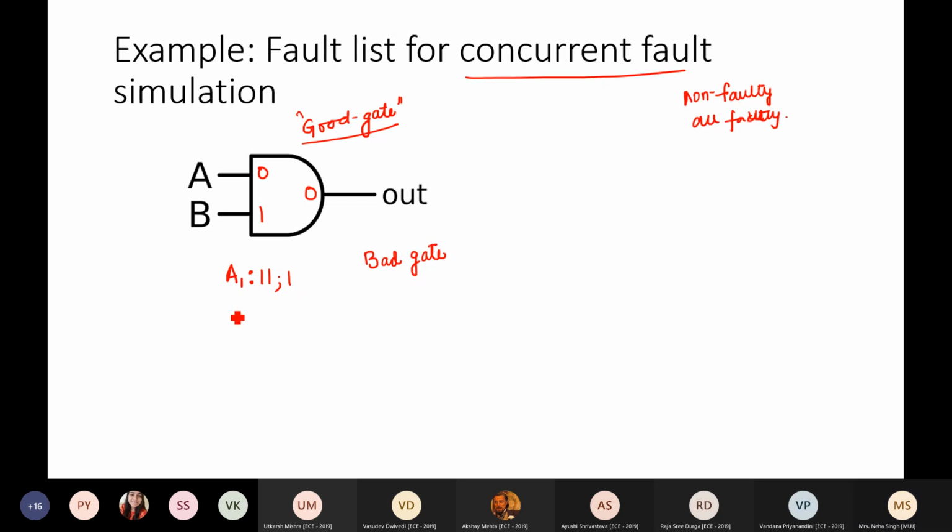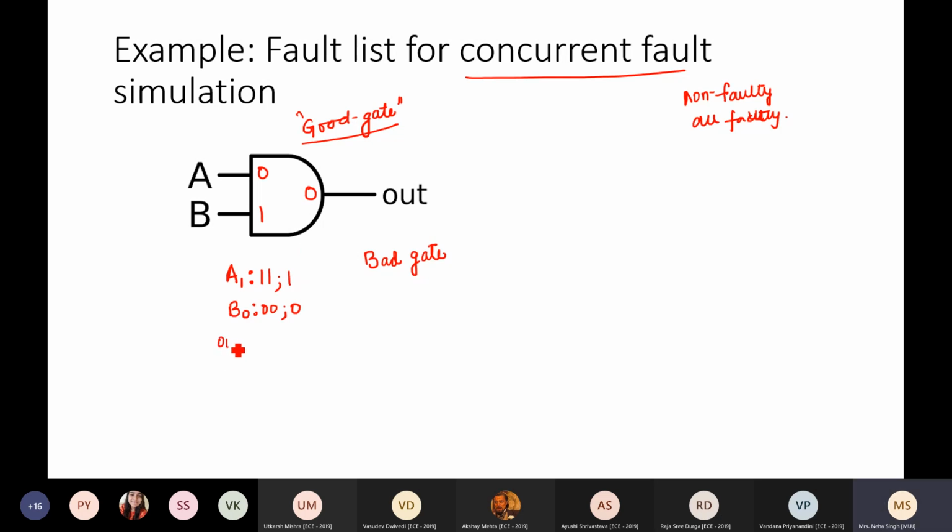Okay. Next, what is the fault that can be considered? Another input is B, जिसका actual value is 1. So another possible fault is B stuck at 0. So if the fault is B stuck at 0, what is the input to the gate now? 0 0. क्योंकि A तो सही में 0 है, B faulty 0 है, and in this case of input 0 0, the output will be 0 for my AND gate.